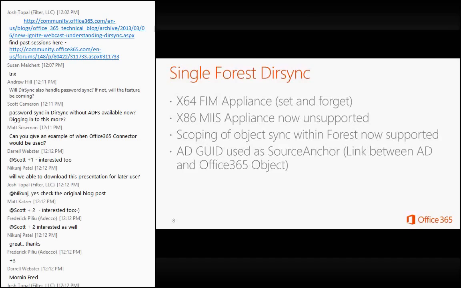The only thing to be aware of around scoping and filtering is that if you're synchronizing the entire Active Directory forest, for example, and then you decide to start doing some filtering and scoping, any of the objects that are no longer part of the scope, i.e. you've reduced it from the forest down to specific OUs, will be deleted in Office 365.